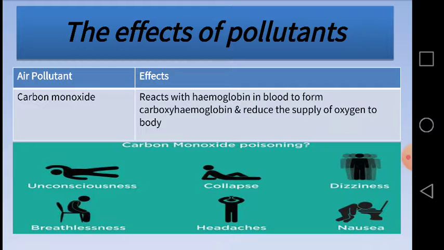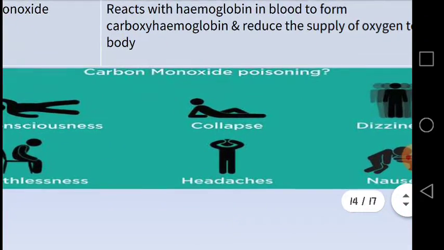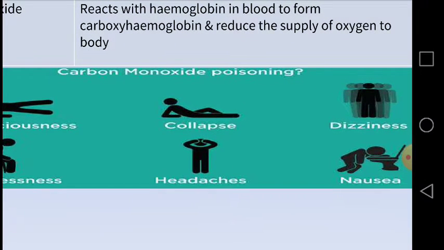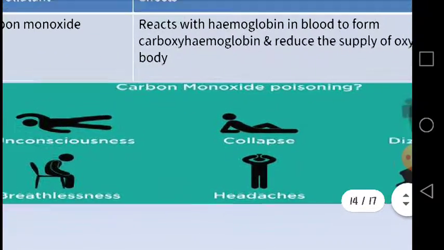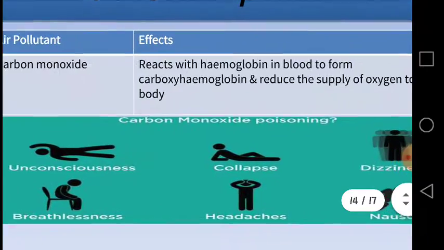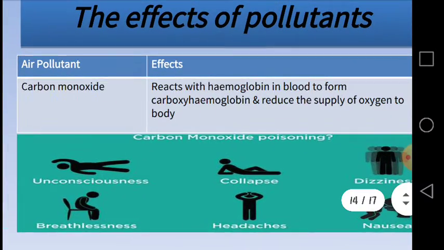Hemoglobin is present in the red blood cells in our body, and carbon monoxide reacts with hemoglobin and forms carboxyhemoglobin. In this way, it reduces the supply of oxygen to our body, and it may lead to problems like unconsciousness, body collapse, dizziness, headache, nausea, and breathlessness, and it may even lead to death. So you can understand the poisonous effects of carbon monoxide.